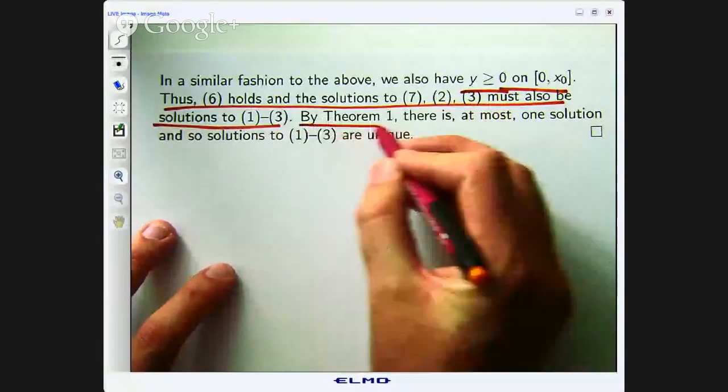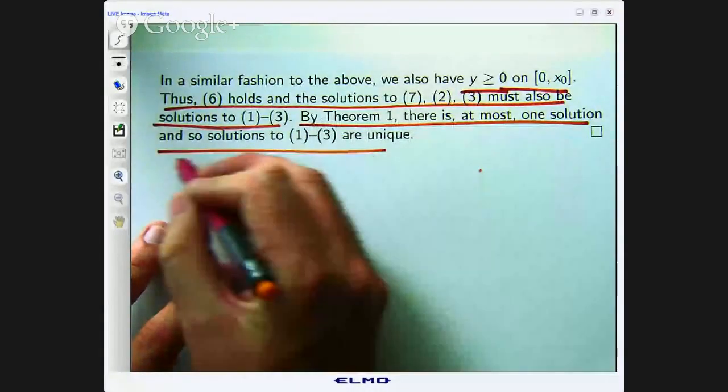Theorem 1 says that the problem has at most one solution. Theorem 2, so far, the proof says the problem has at least one solution. Put them together, you got uniqueness. You know that there's one and only one solution to the Thomas Fermi problem. And that is the last line in here.